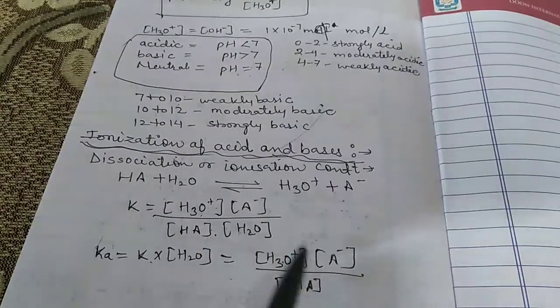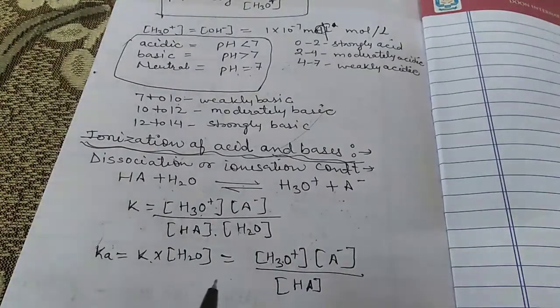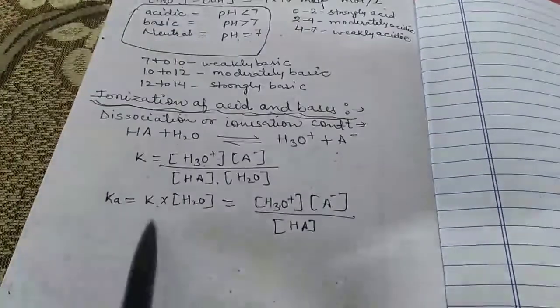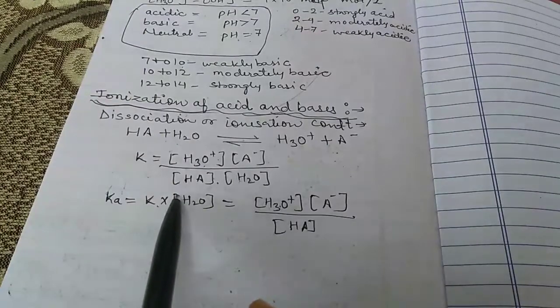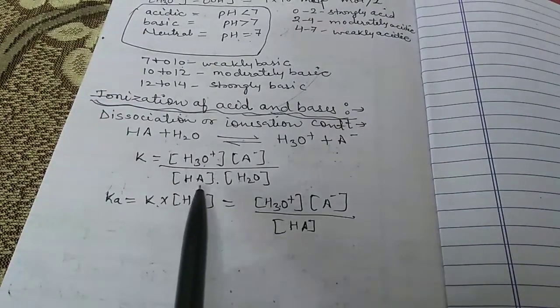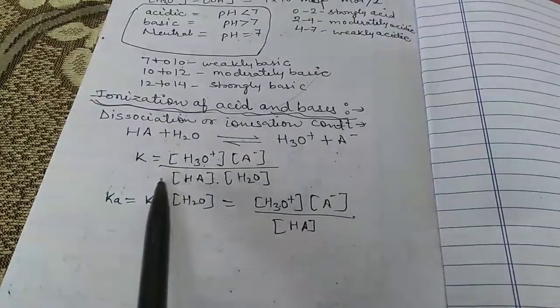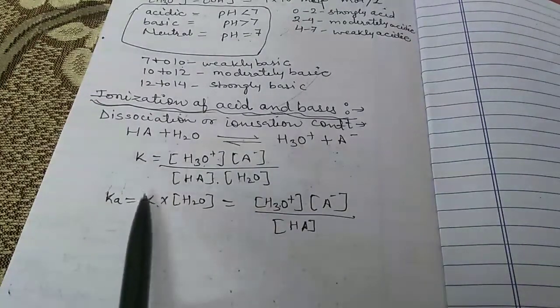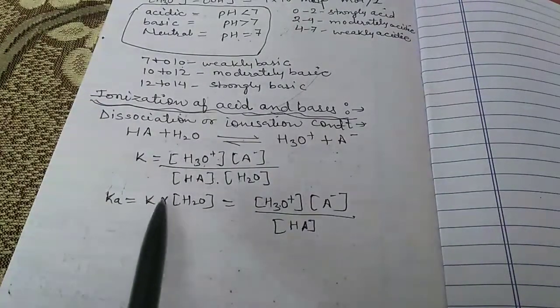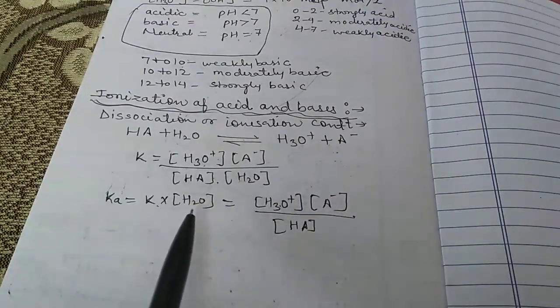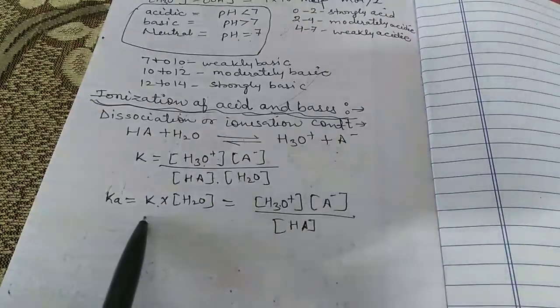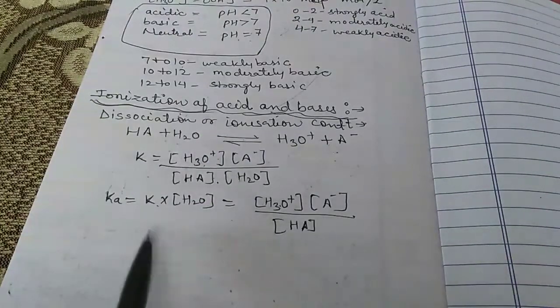When a higher amount of hydronium ion is present in any acid, it means it is a stronger acid. Now this ionization constant, which is also known as the dissociation constant, may be used to calculate the degree of dissociation or the degree of ionization and the concentration of the H plus ion.